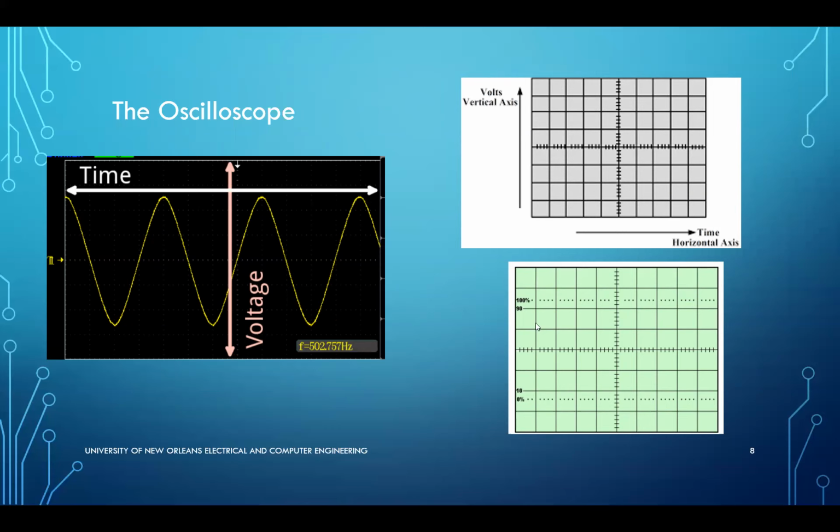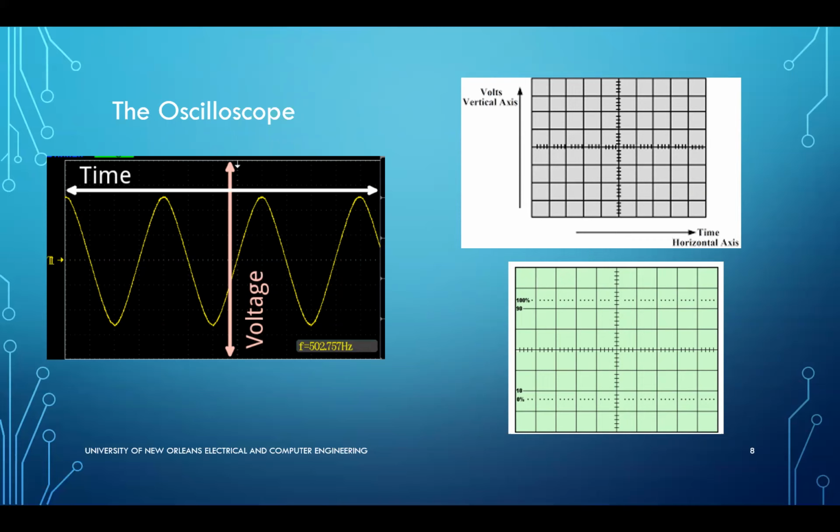And if you look on the right-hand side, I have put two different pictures of what an oscilloscope screen may look like, with a little more detail. Again, the y-axis represents volts, and the x-axis represents time.